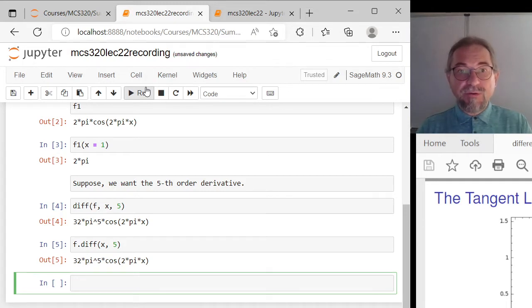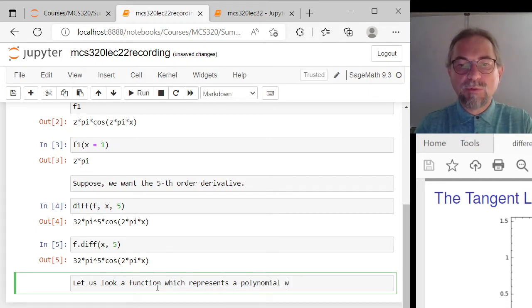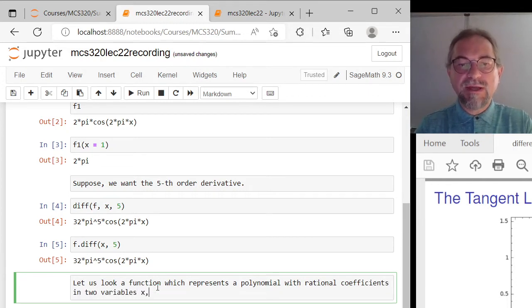So speaking of functions, let us look at a function which represents a polynomial with rational coefficients in 2 variables x and y. So we first will make a random polynomial.